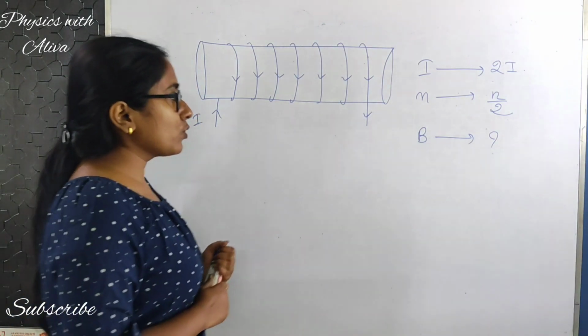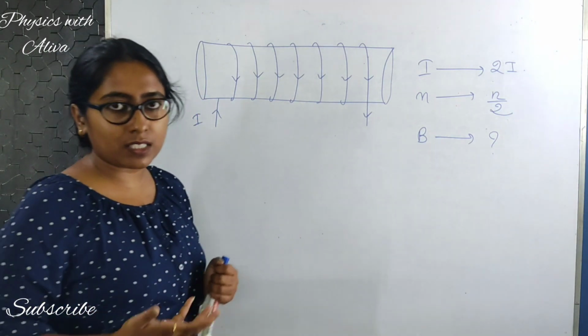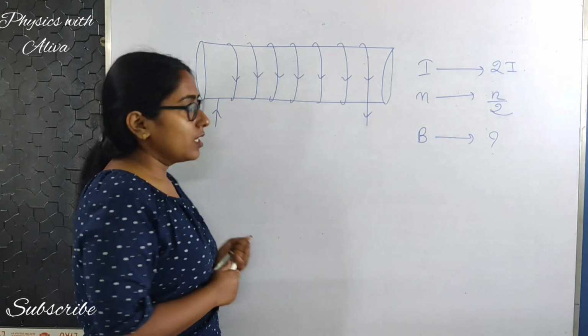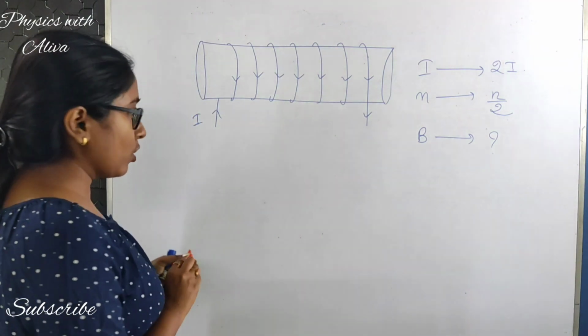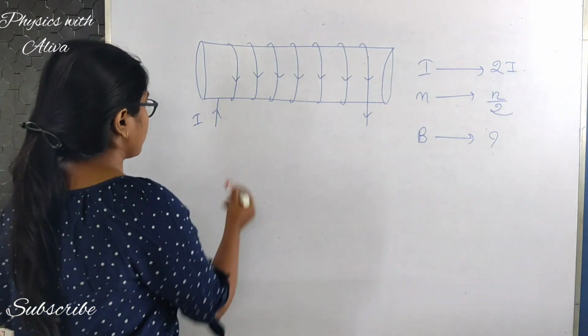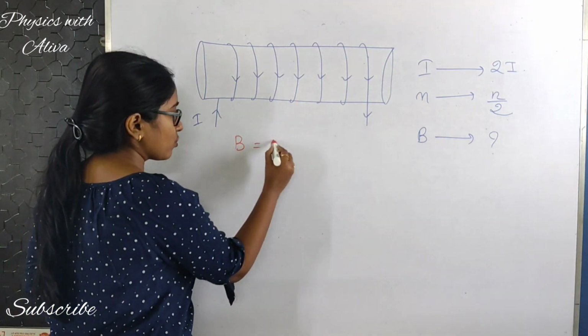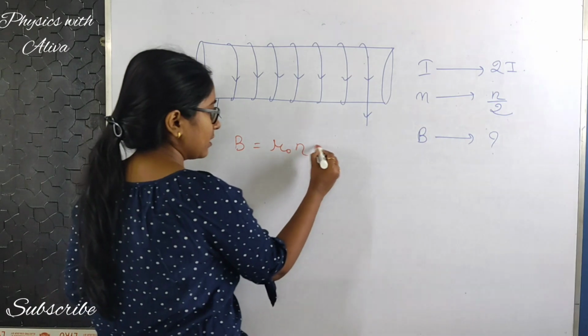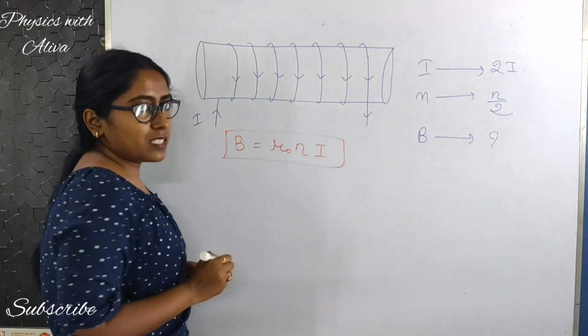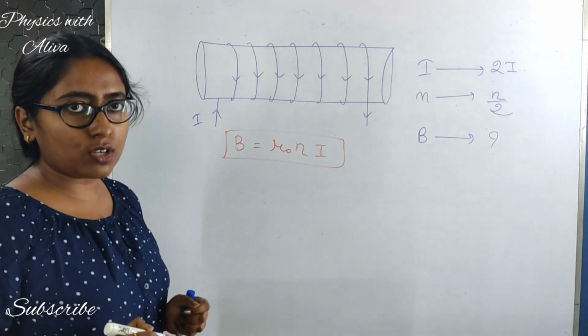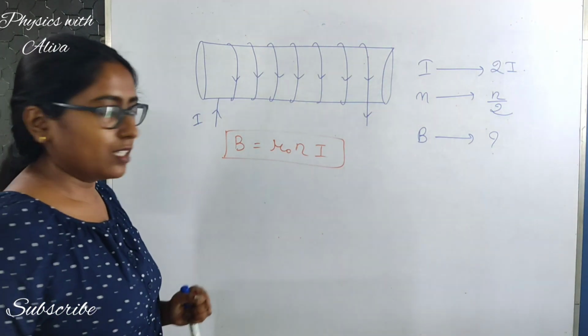So at first we should know what is the formula of the magnetic field due to a long solenoid. The formula to get the magnetic field inside the long solenoid is B equals mu naught n I. This is the formula of the magnetic field inside this long solenoid due to this current I.